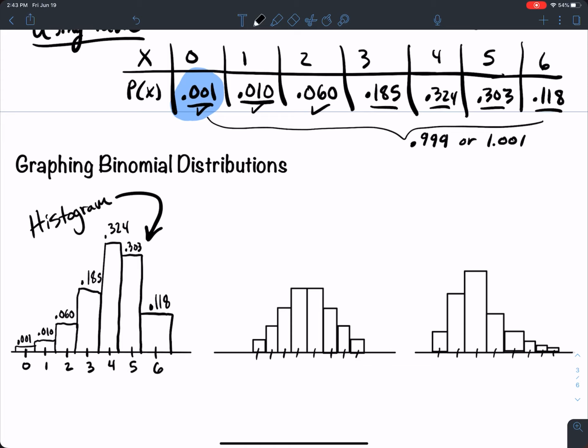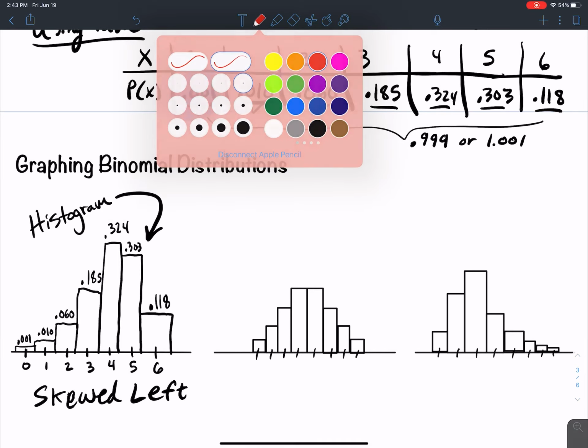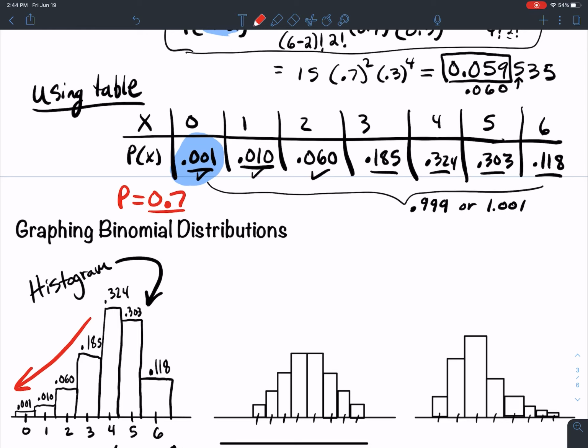It looks like it's skewed left. It is skewed left. So the distribution is skewed left. Why is it skewed left? Well, what is our probability of success? Probability of success is 0.7. There's a 70% chance that it's a good surgery.